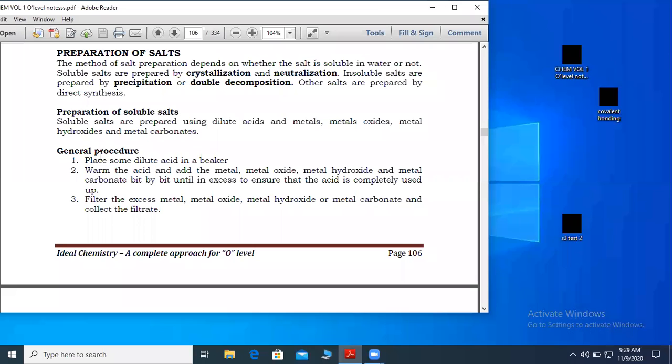Number one, place a dilute acid in a beaker. We always begin with the acid, you put it in a beaker, but the choice of acid matters a lot. I've seen in most cases, I tell you to prepare zinc chloride, then you find someone using sulfuric acid. Are you mad?